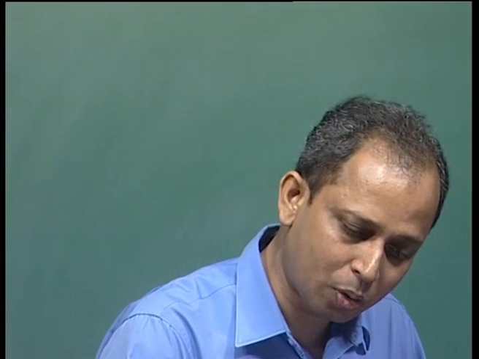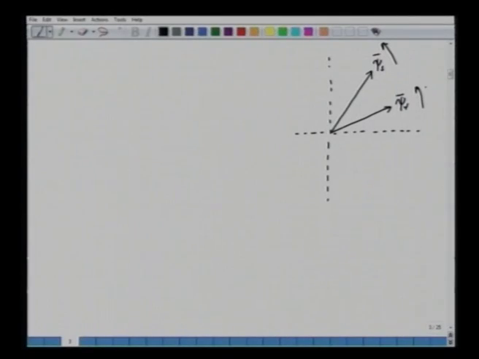So, this is rotating at synchronous speed and this is also rotating at synchronous speed. Maybe we can call this omega E and omega E respectively, and the relative velocity between them will be equal to 0. However, they will have an angle between these two. So, there is an angle which you can call gamma SR, the angle between the stator and the rotor flux.